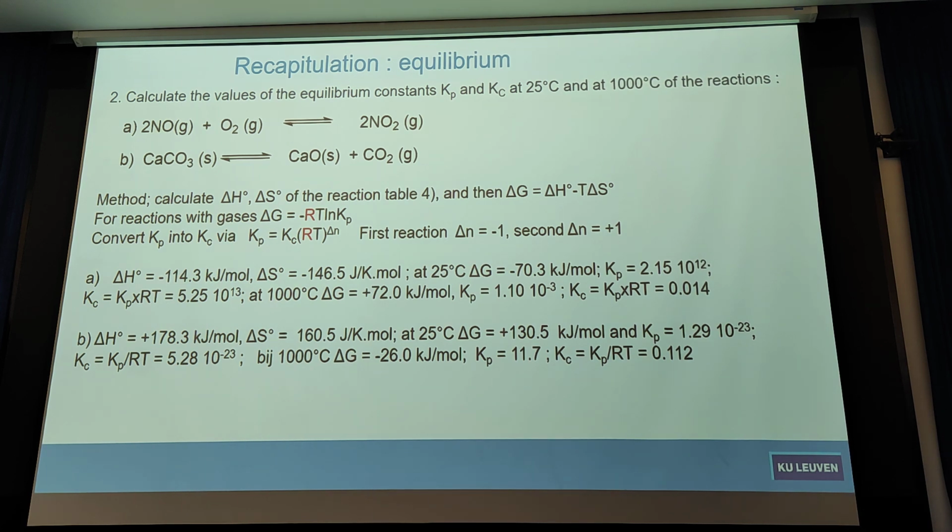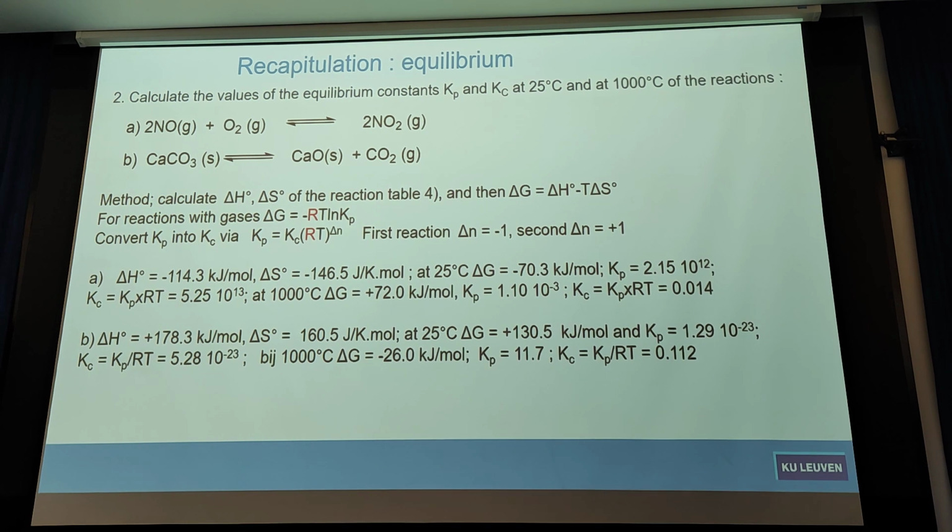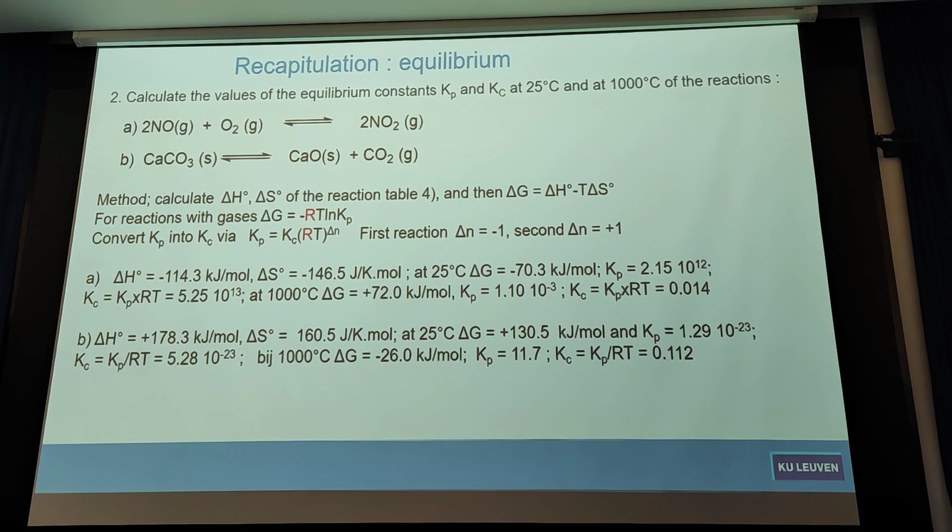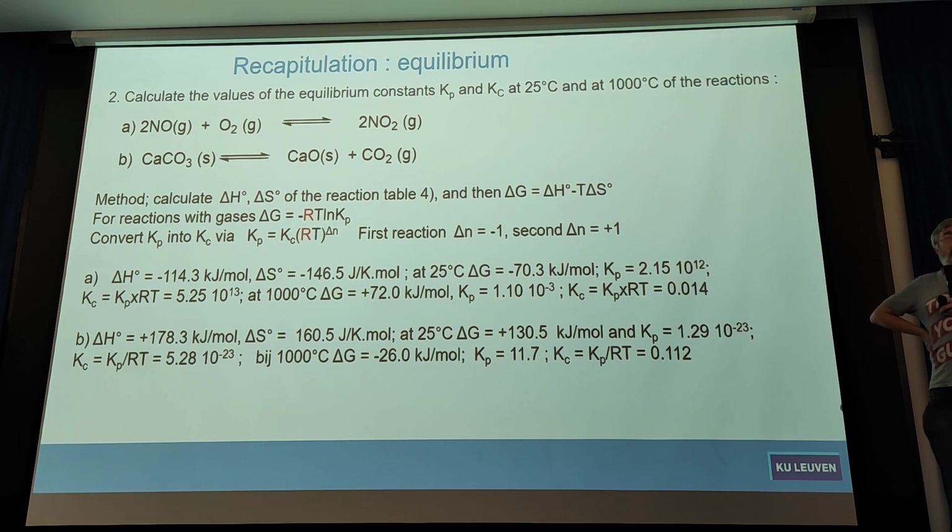So 25 degrees, that's 298 Kelvin. If we calculate delta G at that temperature, it's overall still negative, although less negative than the enthalpy, so the entropy compensates part of it. So we have what you could still consider a rather strong negative free energy. That's good. That's a spontaneous reaction.